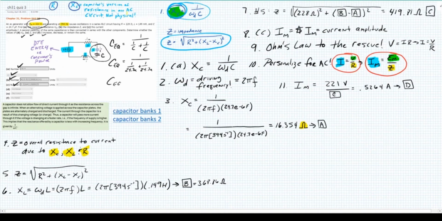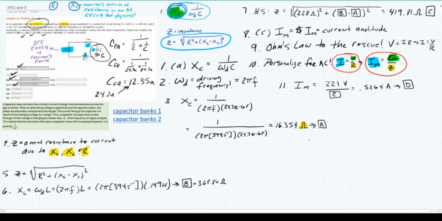So this is what happened to my capacitance. What is 1 divided by 24.7 plus 1 divided by 24.7, reciprocal that whole thing? 12.35. So we have to ask ourselves, if the equivalent capacitance has decreased from 24.7 microfarads down to half that value, 12.35 microfarads, what happens to the capacitive reactance?